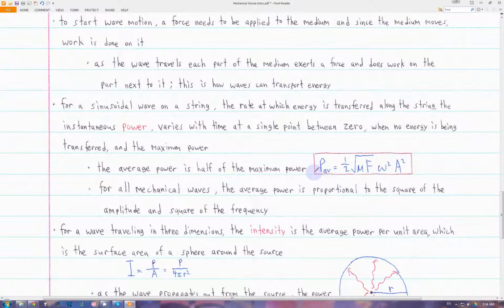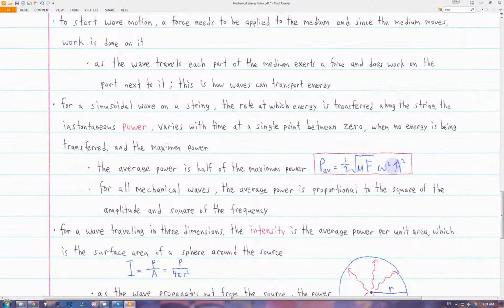which tells us that the average power, the rate at which energy is being transferred through this wave, is proportional to the square of the amplitude and the square of the frequency. So, for example, if the amplitude of the wave is doubled, then the average power will be quadrupled.